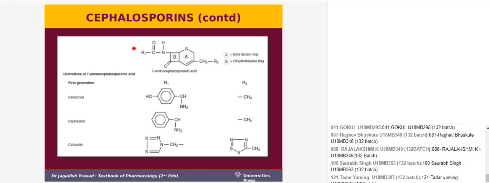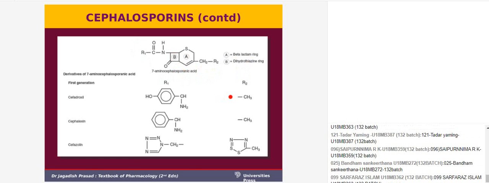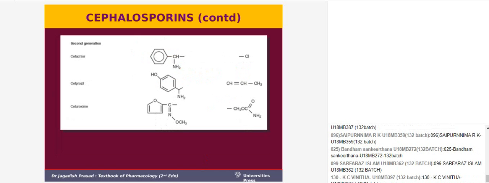So this is the beta-lactam ring, and this is the dihydrothiazine ring. This is the chemical structure, and now the main mechanism.